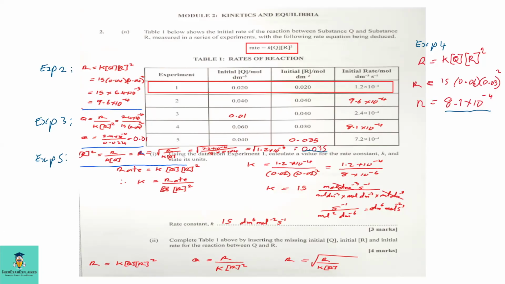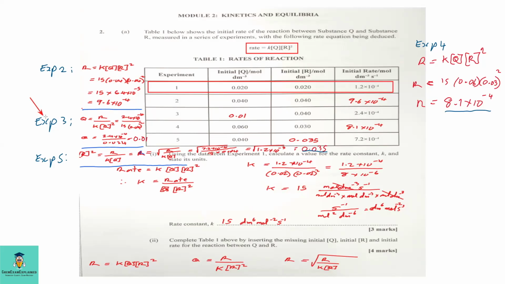So we are starting now with finding Q. To find the initial concentration of Q, we're going to look at our experiment 3. So experiment 3 will help us to find Q.